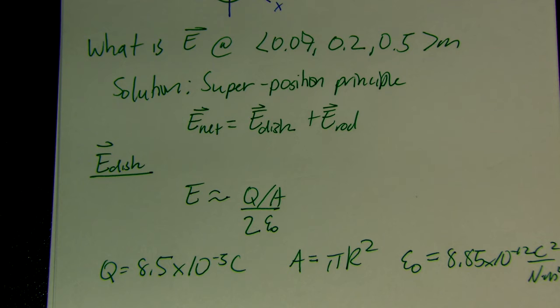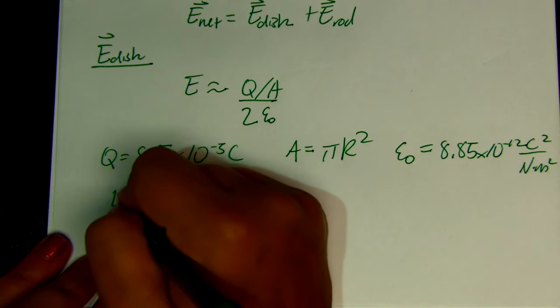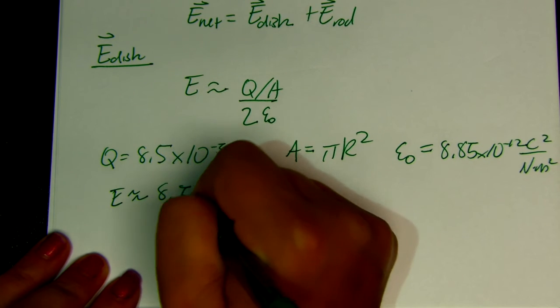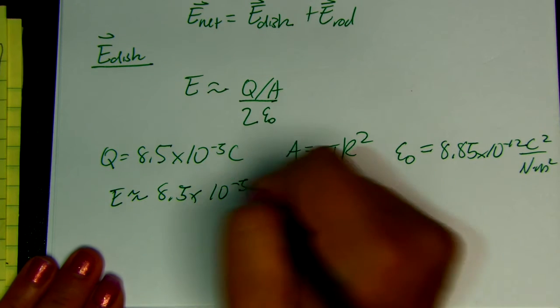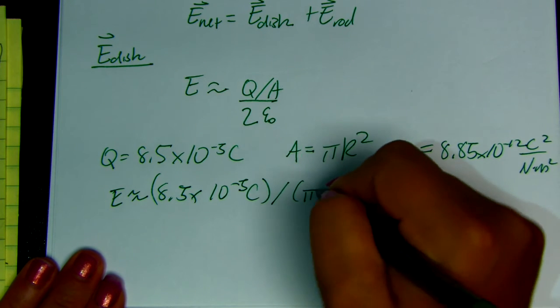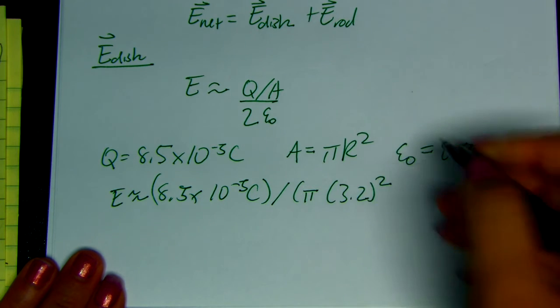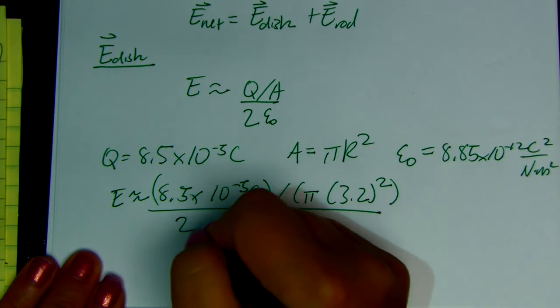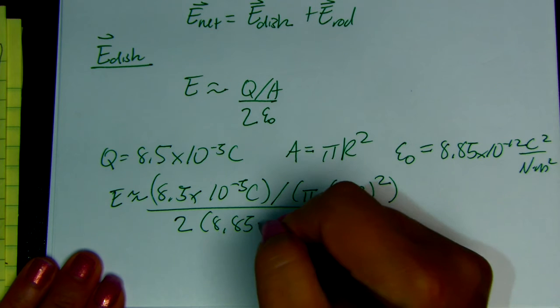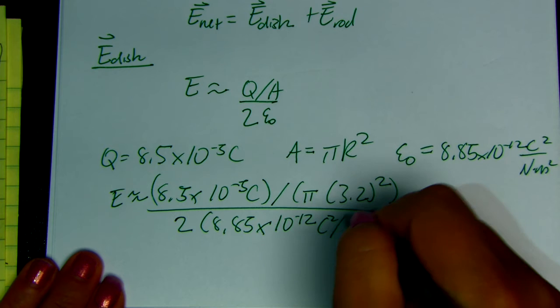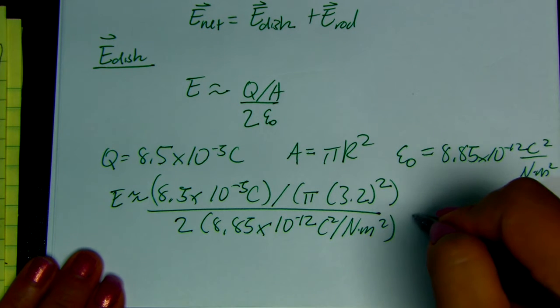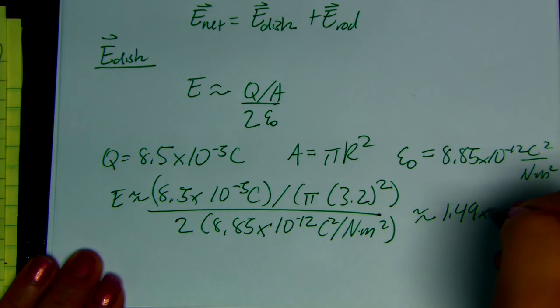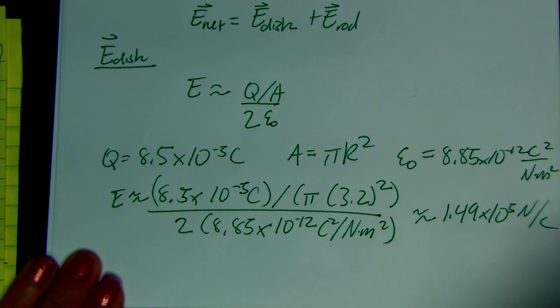So we can plug that into our equation for the electric field. We get that the electric field is 8.5 times 10 to the minus 5 coulombs over pi times 3.2 squared, over 2 times 8.85 times 10 to the minus 12 coulombs squared over newton meters squared, approximately 1.49 times 10 to the 5th newtons per coulomb.